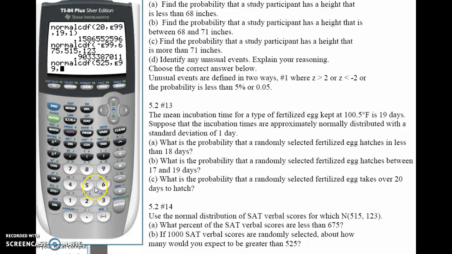Same mean, 515, comma, 123, close the parentheses, and we get 0.46776, and we're going to multiply it by 1,000 because we want a number, we don't want a decimal. So about 468. And that's all for those three, 12 through 14. Have a good day. Bye.